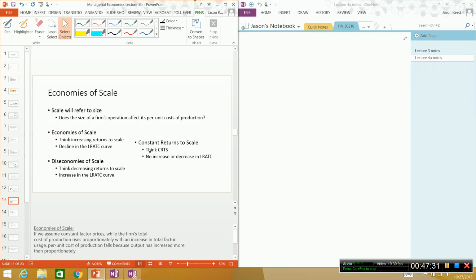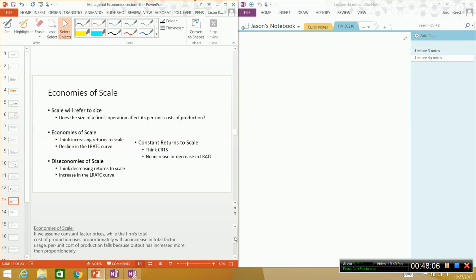So economies of scale says if we assume constant factor prices, while the firm's total cost of production rises proportionately with an increase in total factor usage, per unit cost of production falls because output has increased more than proportionally. Again, this says that on average, our long run average total costs fall because we get more return from our scalable inputs. That's exactly what we would think would occur because of increasing returns to scale.